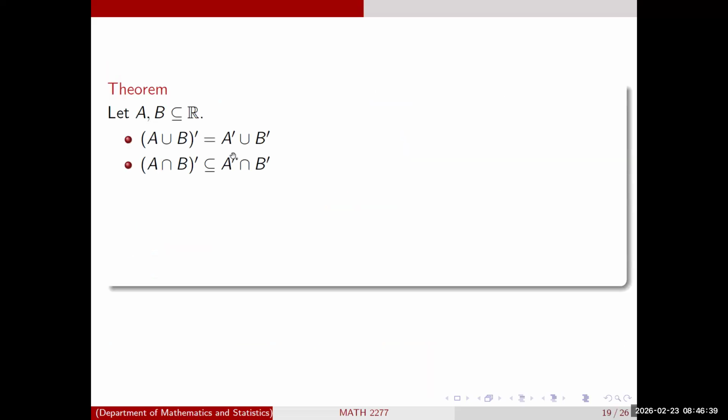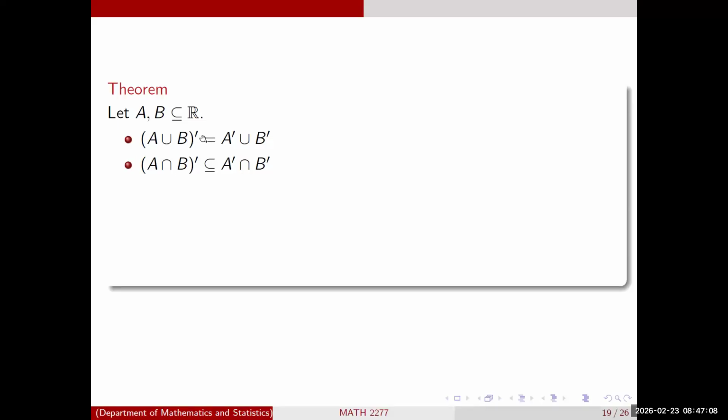Yeah, so we also have these results on how the derived set and also the closure distribute over union and intersection. It's very similar to the interior. So look back in your notes and you'll see there's a similar theorem that dealt with the interior and it looks just like this.